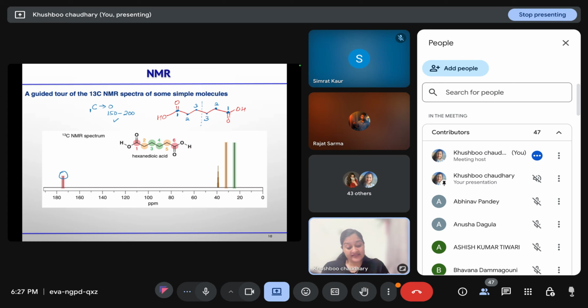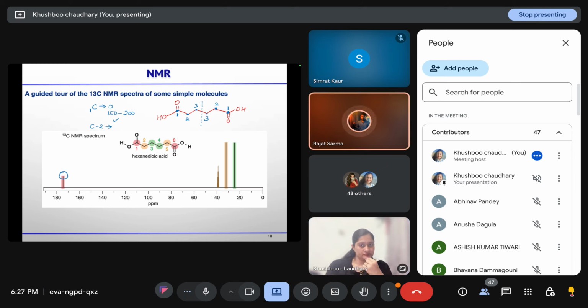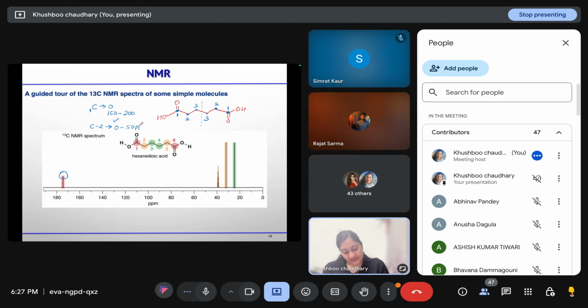Then next, carbon 2. Is this attached to any heteroatom? No. So this should come in the region of 0 to 50 ppm. Carbon 3 similarly will come in 0 to 50 ppm because it is shielded.